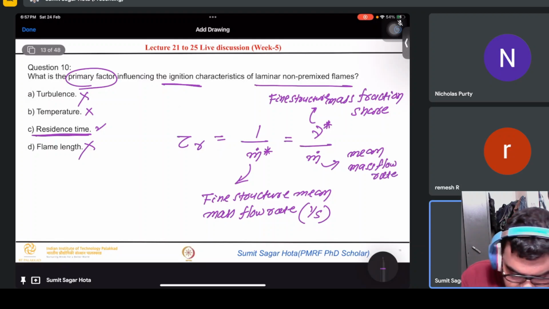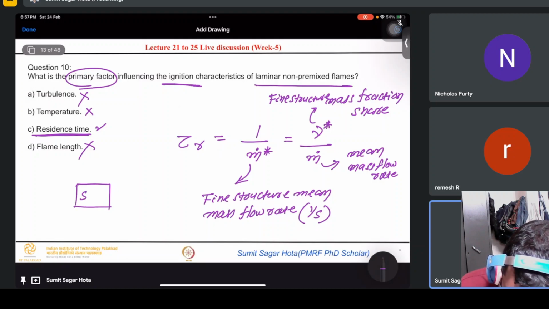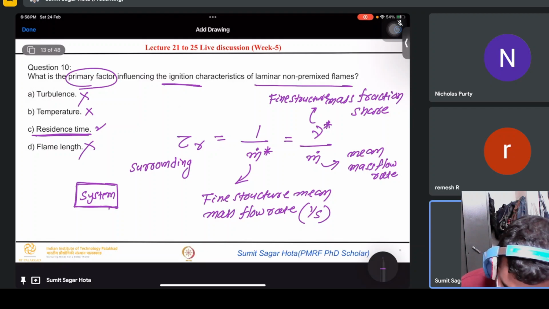So in a system, this is your system, where all the reactions are taking place, and the surrounding is outside. We assume that all the reactions take place only in the system.